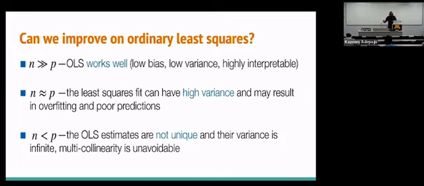Okay, can we improve on our ordinary least squares? What do we call ordinary least squares? Ordinary least squares is a method that we use in estimating parameters, the linear regression parameters, when you assume a linear model. Now, let me tell you this.